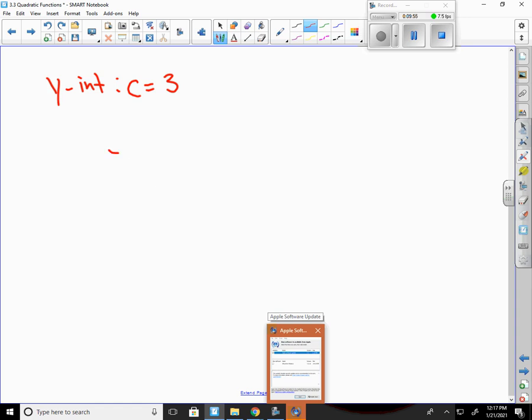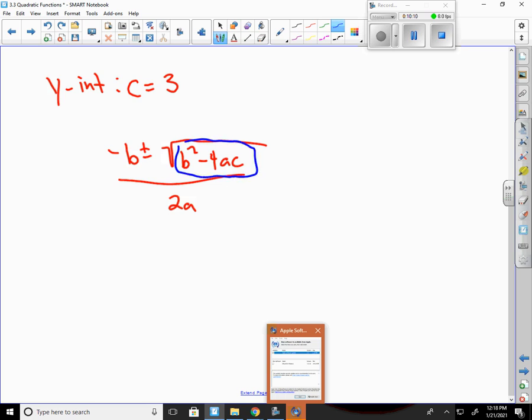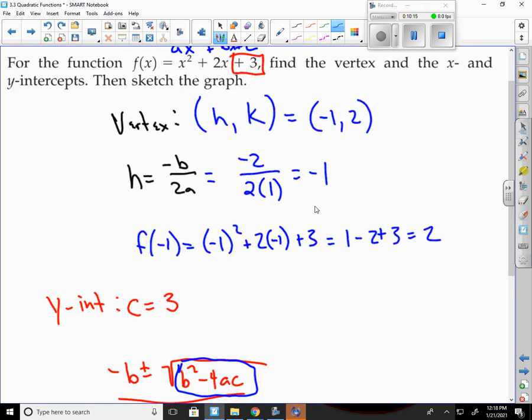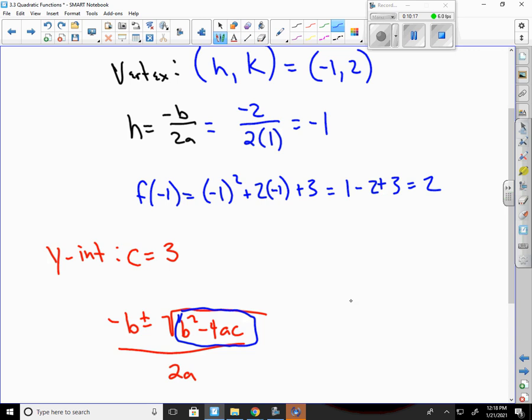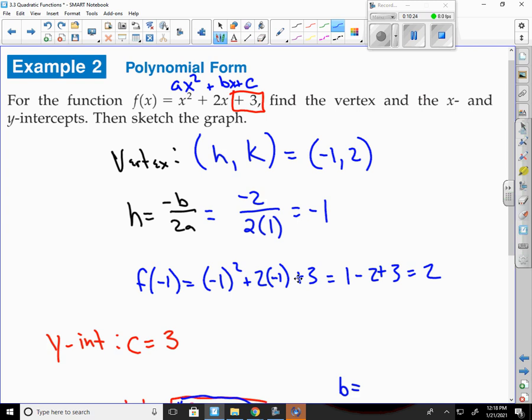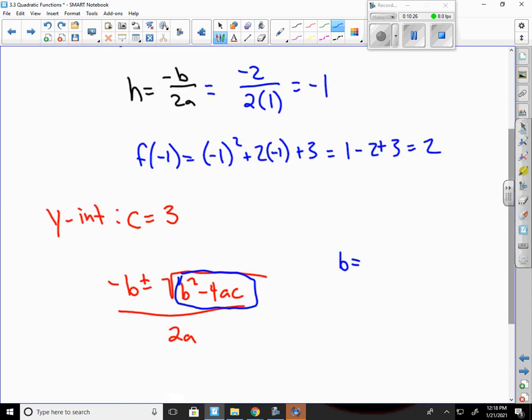My formula is negative b plus or minus the square root of b squared minus 4ac all over 2a. Before I actually solve it, I'm going to figure out what b squared minus 4ac is from our equation. You know what b, a, and c all are, right? b is 2, a is 1, c is 3.